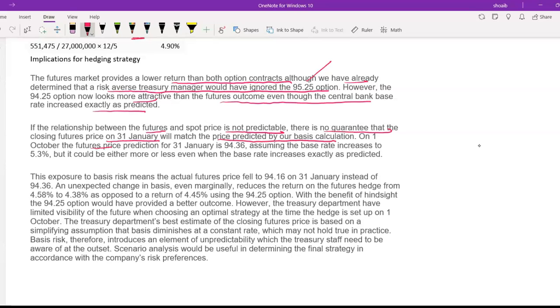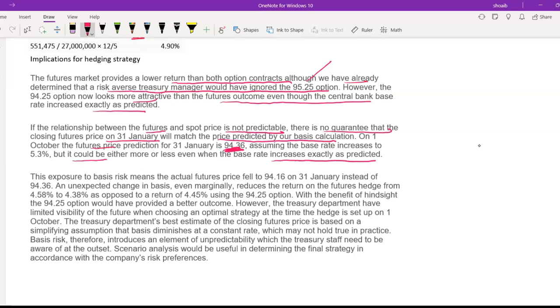So in October, the future price prediction was 5.64, assuming the base rate increased to 5.3, but it could be either more or less even when the base rate increases exactly as predicted. So guys, in simple words, the closing future which you have predicted is not guaranteed.